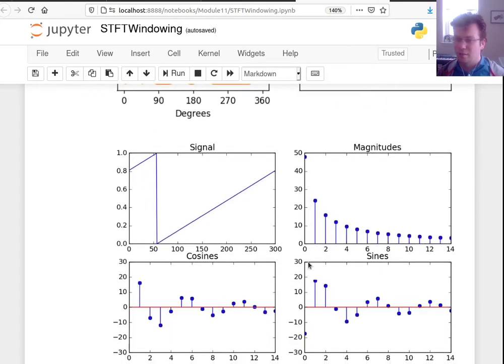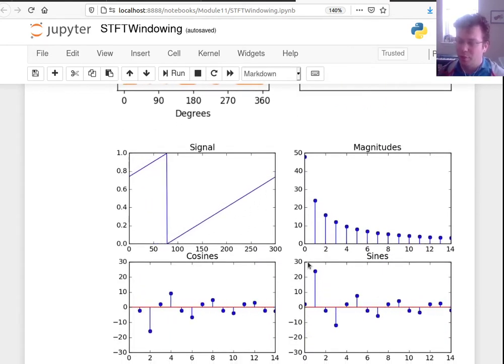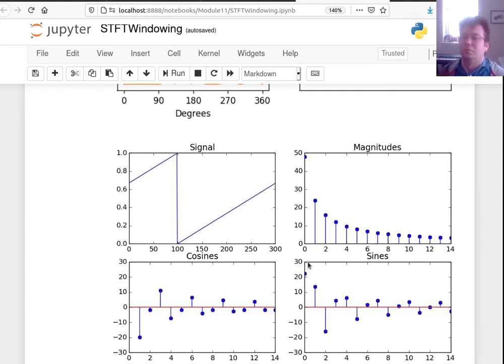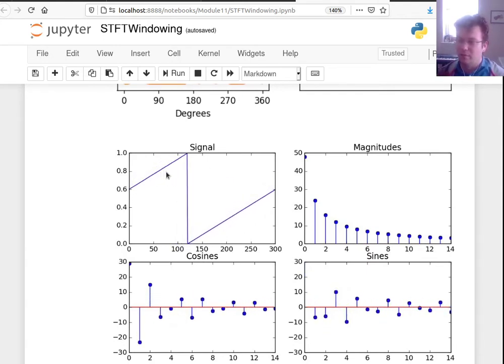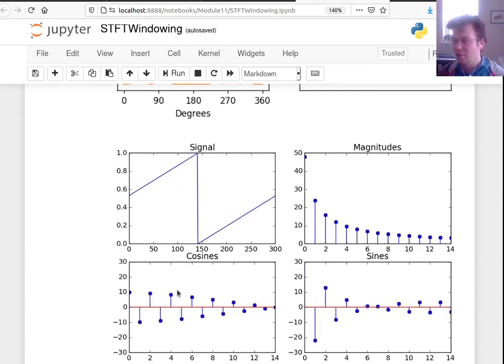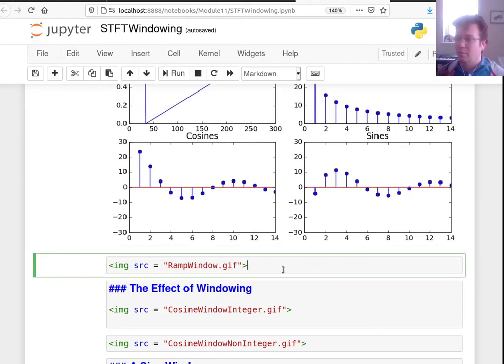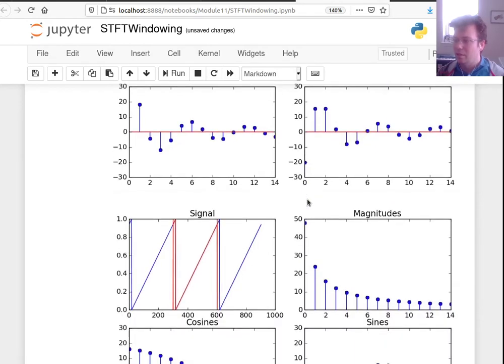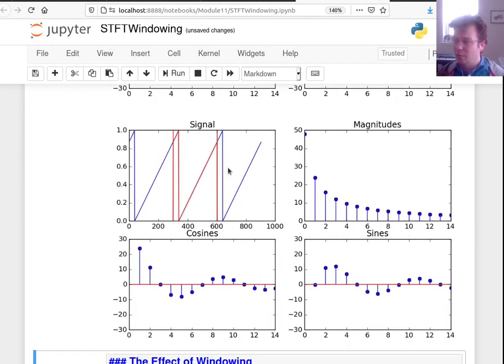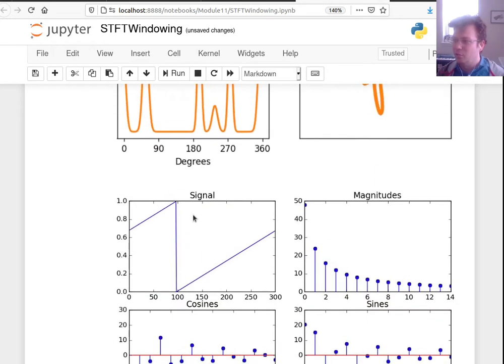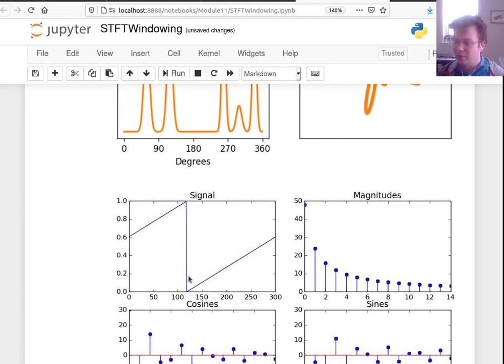Here is an example that should look kind of familiar. Here's one period of a sawtooth wave. As I shift it along, I can change the sines and the cosines, but I don't actually change the amplitude. If I zoom out, this looks a little weird when I just have one period and I shift it like this.